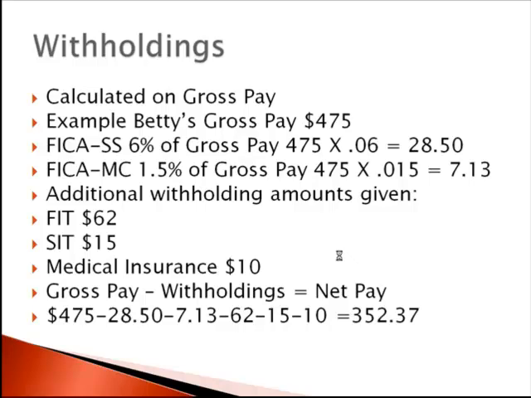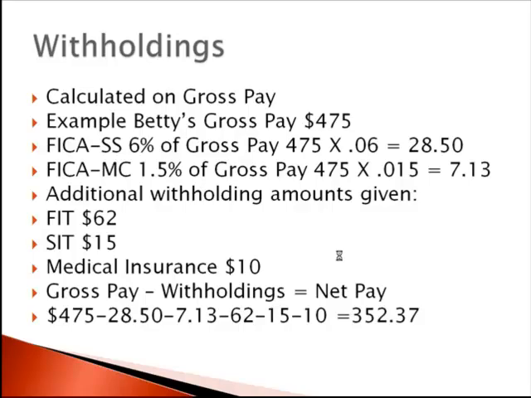It's due to rounding that we get to $7.13, and the rule for our rounding is that we calculate our decimal to 3 places and we round to 2 places. If the third place of the decimal is a 5 or more, we round up. If it is a 4 or less, we round down.